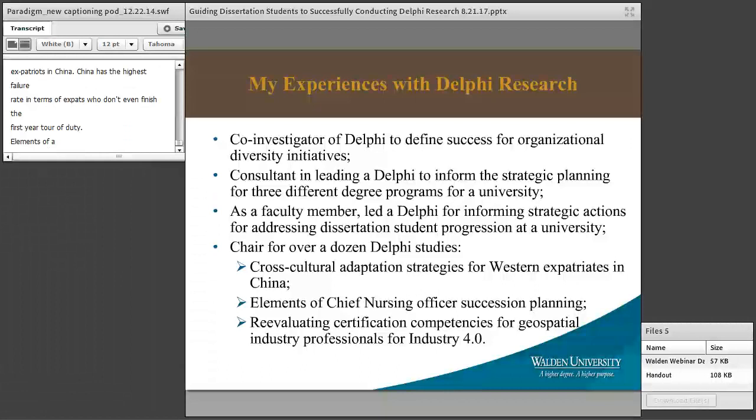And today I'm working with a student at Walden on reevaluating certification competencies for geospatial industry professionals relative to Industry 4.0. This student is just on the brink of submitting her prospectus for approval to the program director.